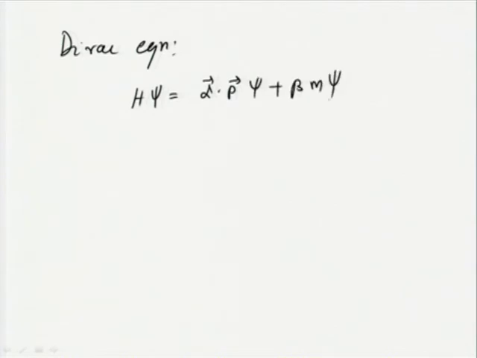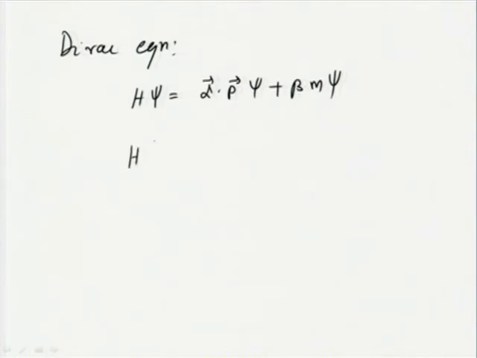Okay. So, now let us consider the Dirac equation again. H psi is equal to alpha dot p psi plus beta m psi, where now alphas and beta are 4 by 4 matrices, and therefore, psi should be a 4 by 1 matrix.